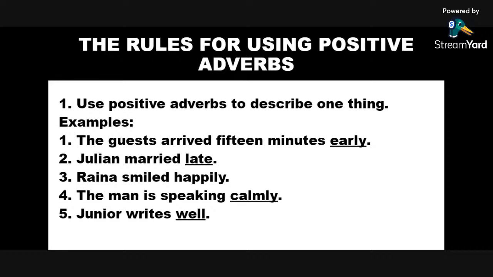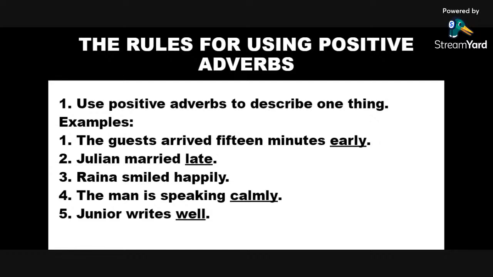And then number 2, Julian married late. Late is the adverb. And here you will always see that when we are describing one thing, we use a single word adverb. I mean, just an adverb. The positive adverb precisely.